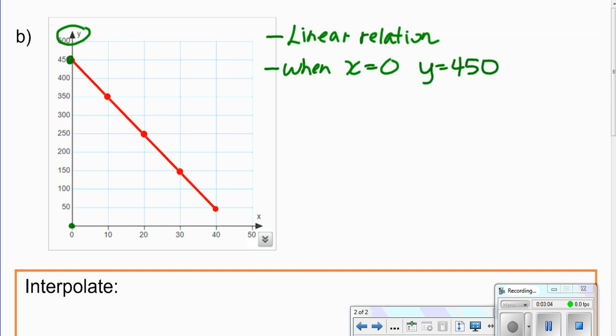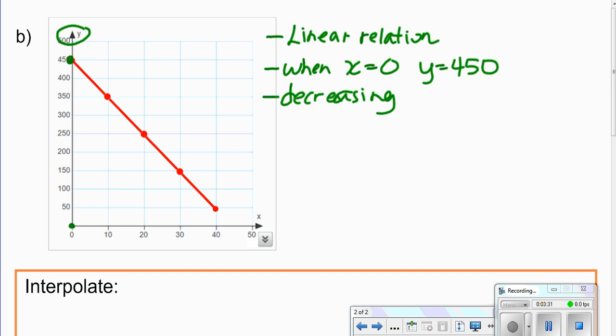Okay, so maybe this is talking about a plane decreasing. So at time of 0, the height of the plane is 450,000 kilometers above the ground or something like that. And it's decreasing, so maybe it's coming into land. Stuff like that. We could say that the line is decreasing. And how much is it decreasing by?